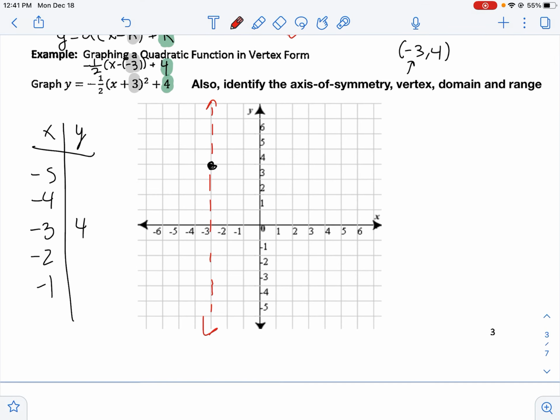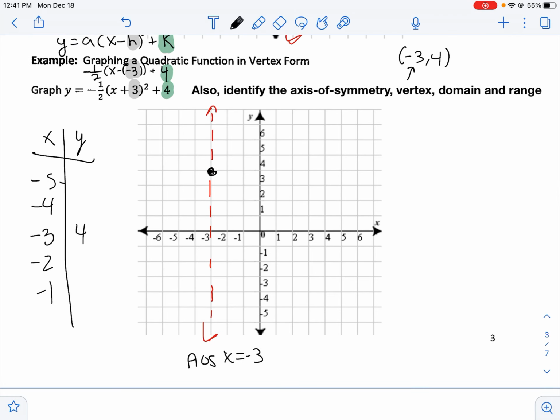So the axis of symmetry right here is x equals negative 3. Okay, now I'm going to plug in values. If I plug in a negative 5 here, and I could plug in a negative 1 or negative 2, but if I find these, they're going to be the same as those going in the opposite direction, right?